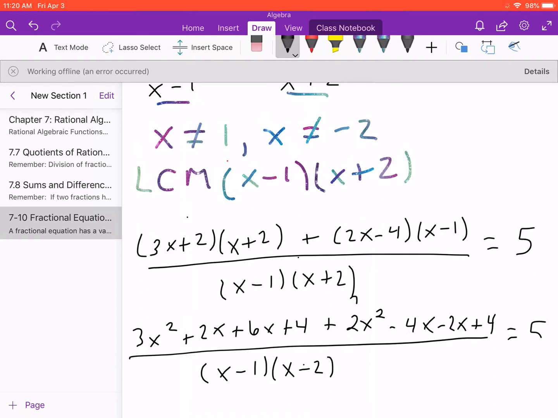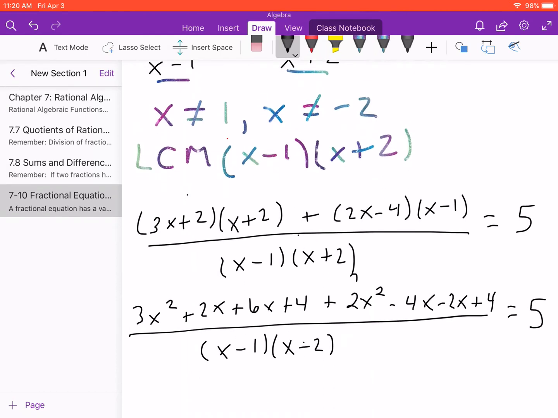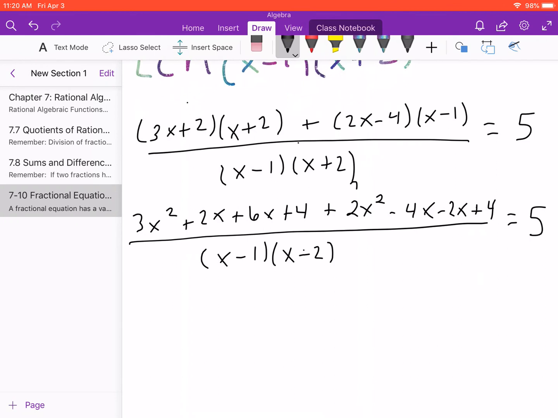I have not done anything with my right side of the equation, so I'm just going to bring my 5 down. And now at this point, we need to combine like terms.